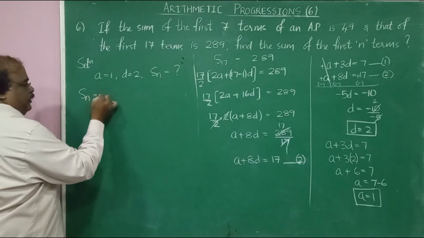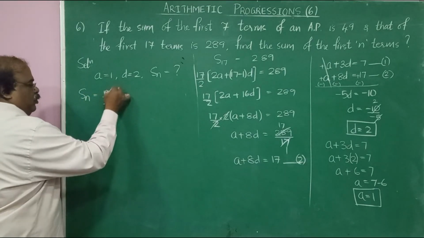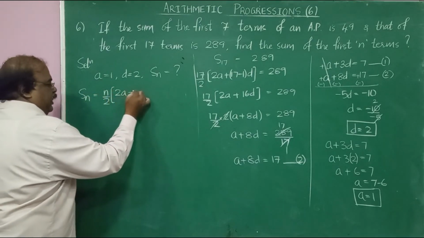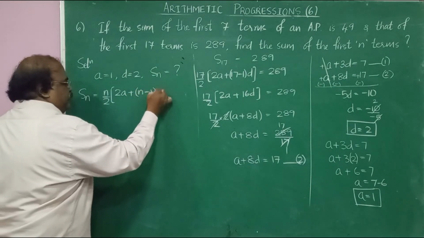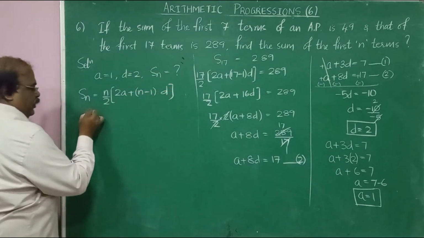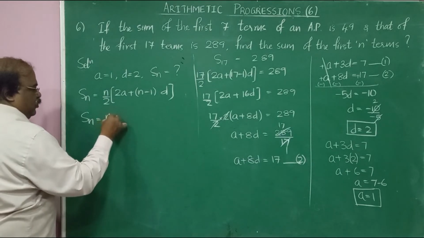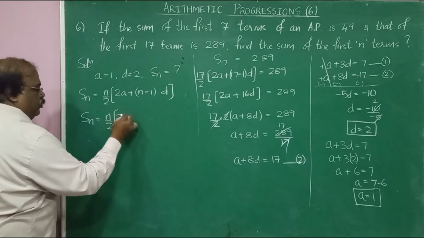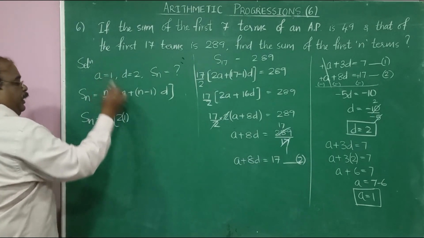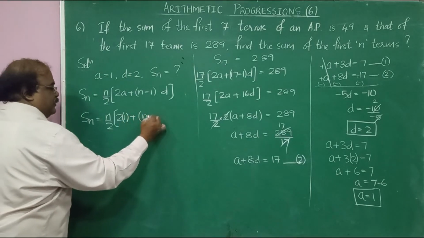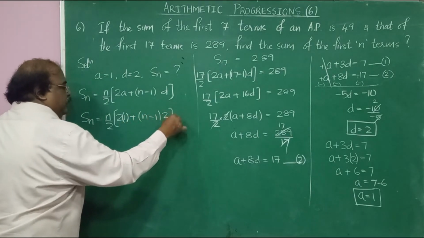So Sn is equal to n upon 2 into bracket 2a plus n minus 1 into d.